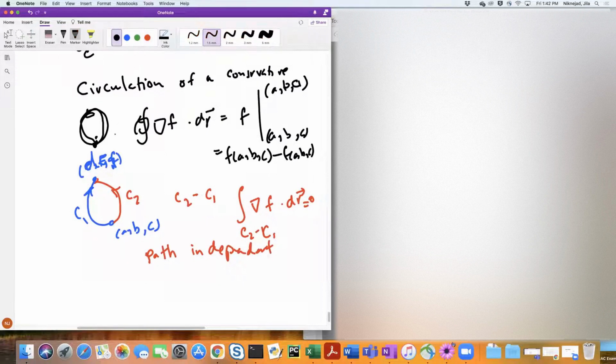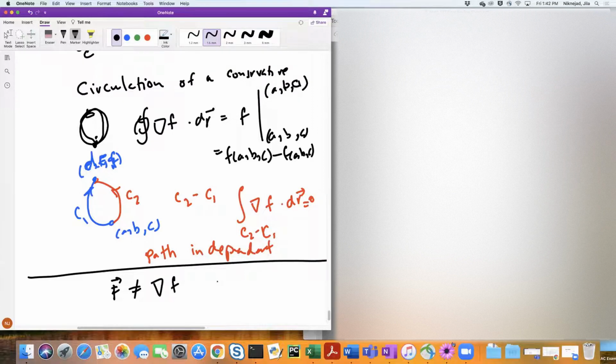The second part of the story is, we talked about the path independence. And then the second part is, well, now, what if that f is not equal to any gradient of f?